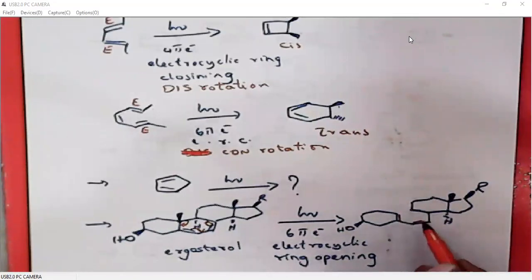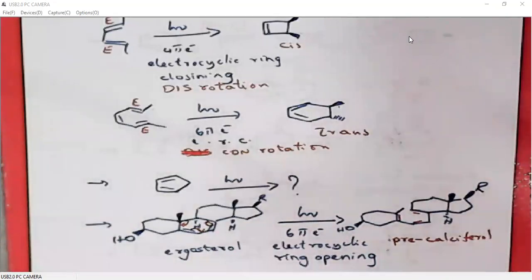And these are the 3 double bonds. We also have a methyl group here. This compound is called precalciferol.